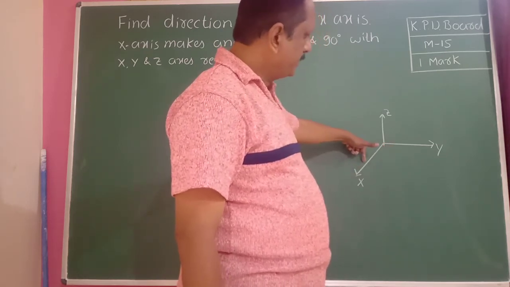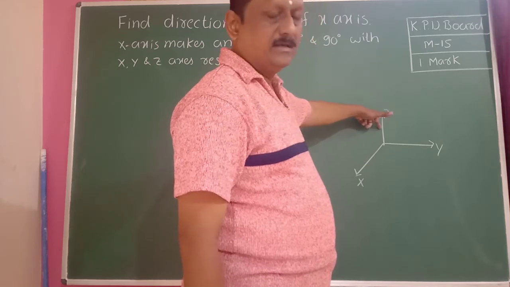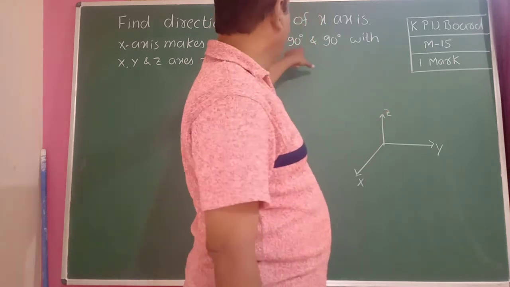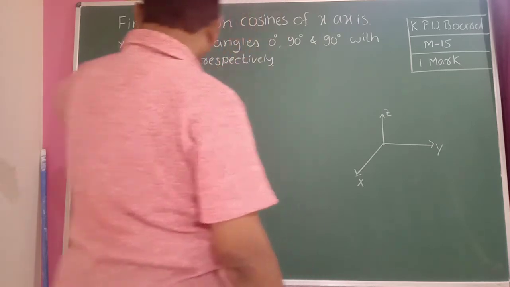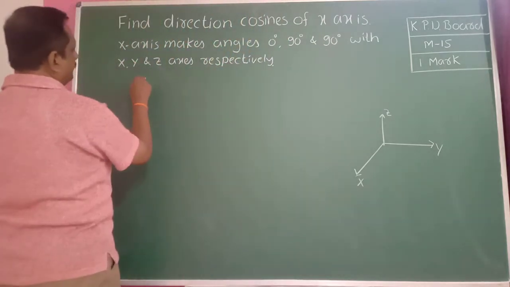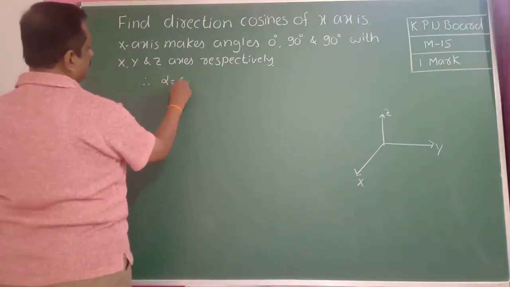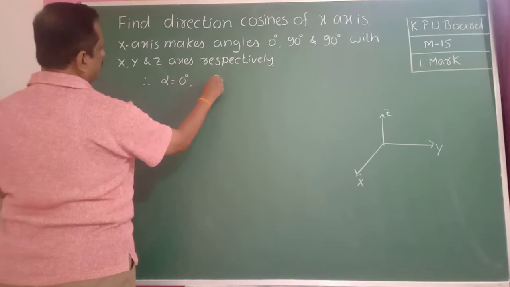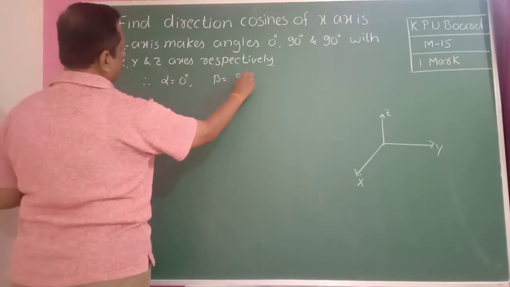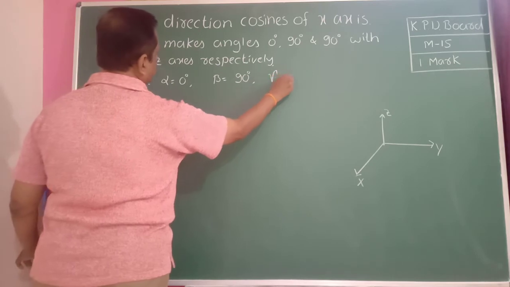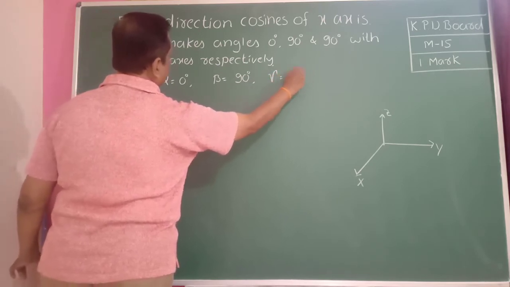X axis makes angle 90 degree with the z axis. Therefore 0, 90 degree and 90 degree. Therefore alpha is equal to 0 degree, beta is equal to 90 degree and gamma is equal to 90 degree.